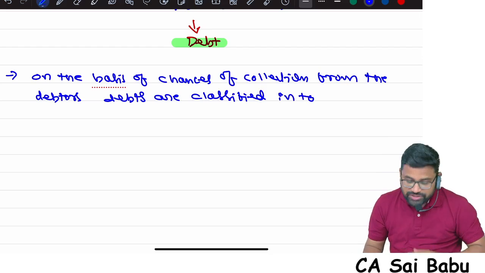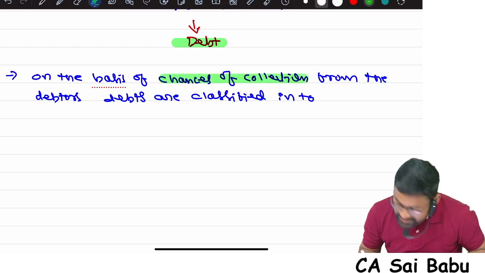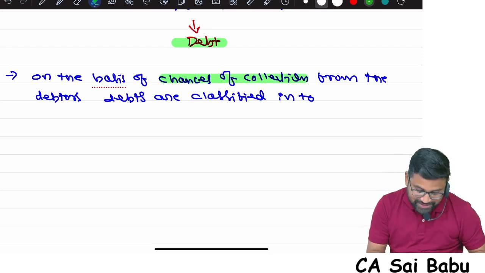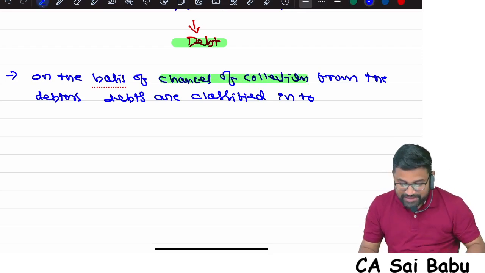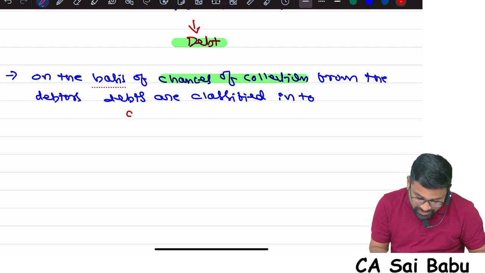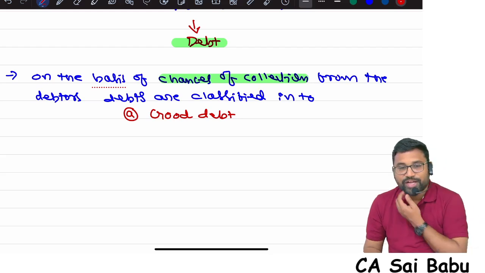On the basis of what, sir? Chances of collection, sir. Chances of collection from the debtors, debts are classified into three categories. What are those? Good debt. Good debt means amount is likely to be realized in full.